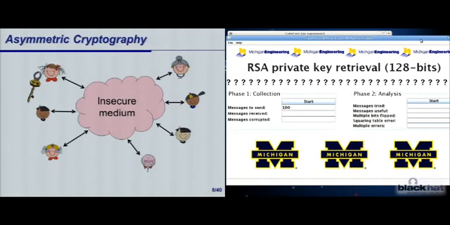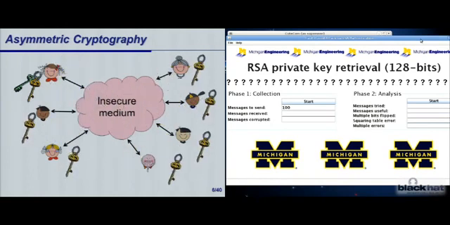In asymmetric cryptography, which is an approach to this problem, Anna will generate a set of 2 keys. They look like keys, but they're really just a very long string of bits, often 1,000 bits or so. But it could be longer, it could be shorter. One of these keys is called the public key. The other is called the private key. What Anna does is she sends the public key to everybody, and she keeps the private key for herself.